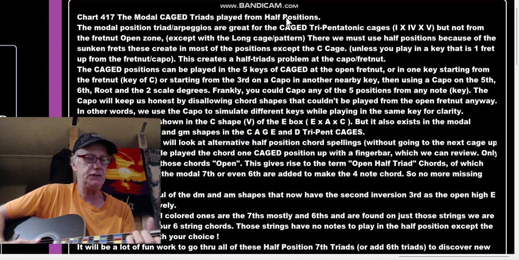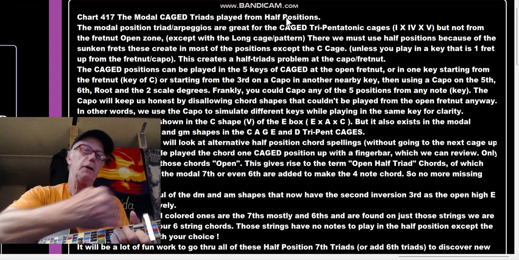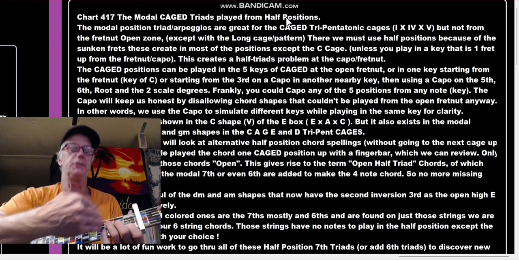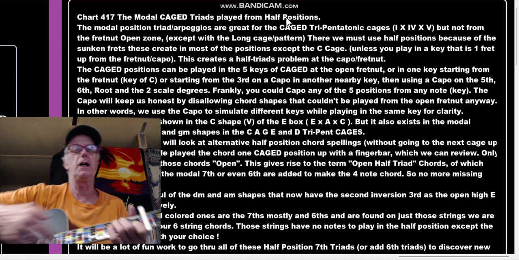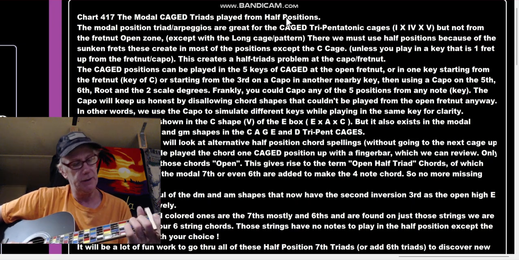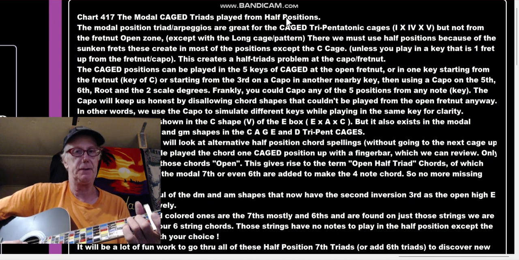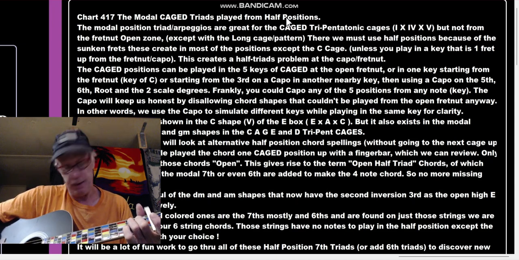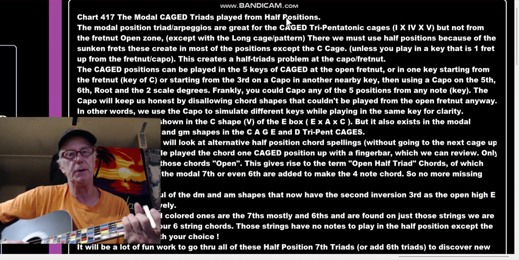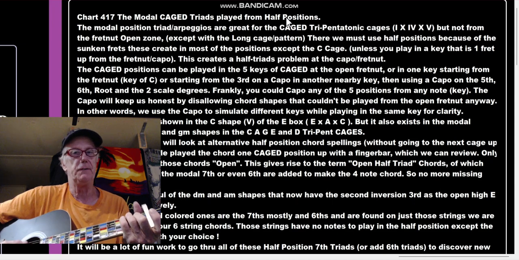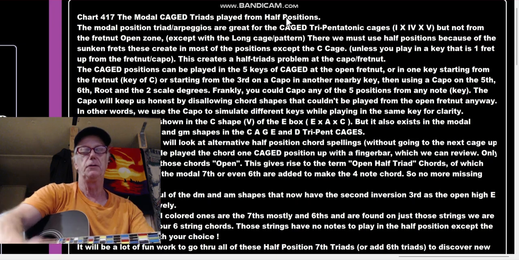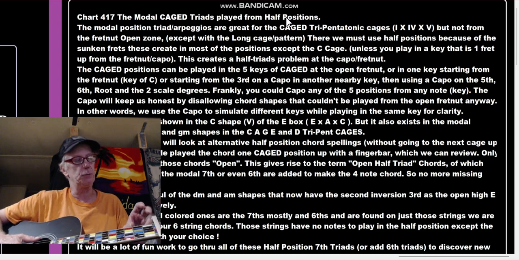There's that C shape, but we only get the part of that half position that is on the right hand side, or the outer notes of it. So we get this down here. And there's our little E shape, second inversion, root, 3, 5 on that B. So that's the half position we're talking about.